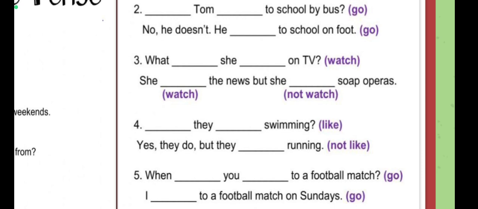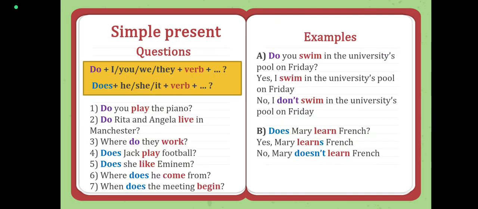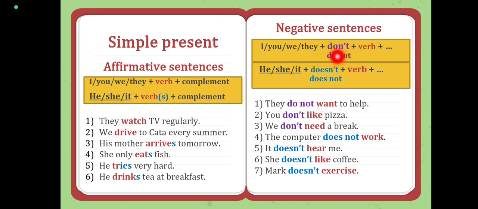Okay, let me correct that. The tricky one. What is she watch on TV? She's watched the news, but she's not watched. No, it doesn't sound right, because you are mixing continuous. Remember, with the simple, we use do or does.